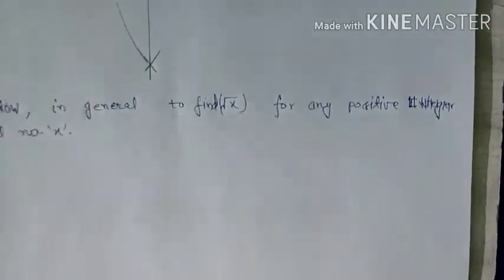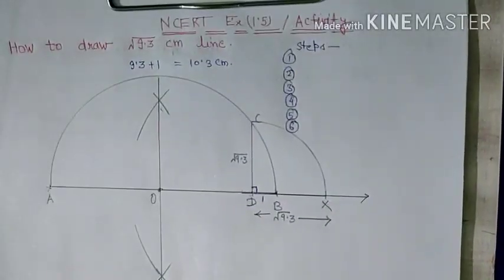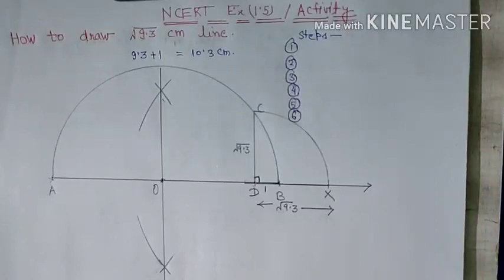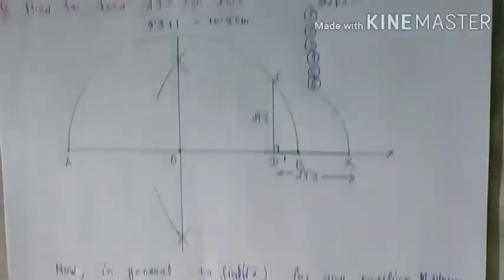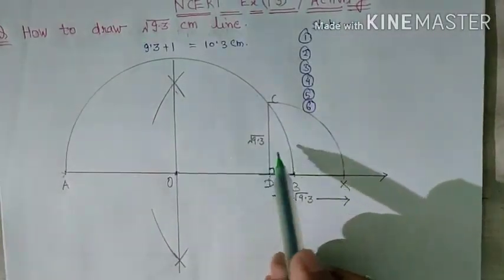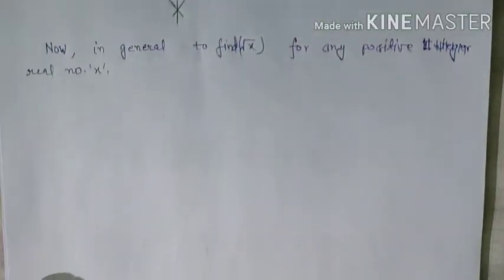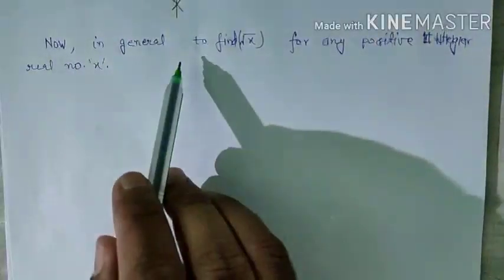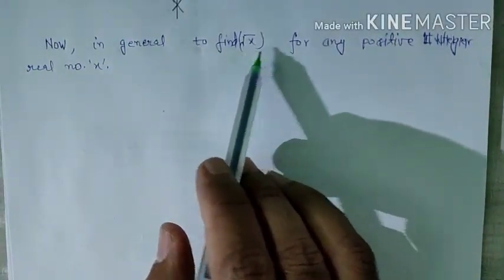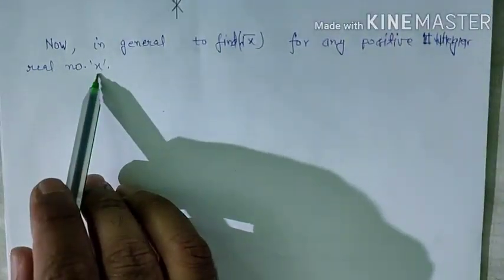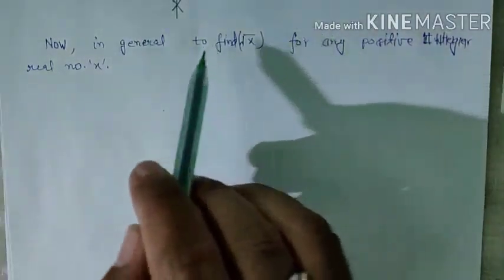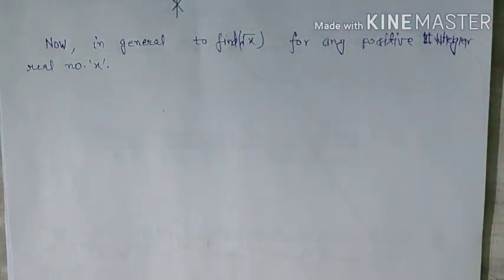Now as you have seen, I made this line. Now I will tell you why we are getting this root 9.3, how we are getting this. Now in general, just find root x for any positive real number x.